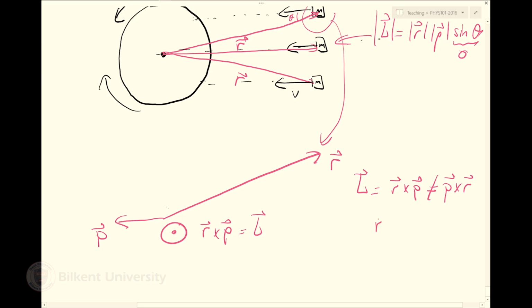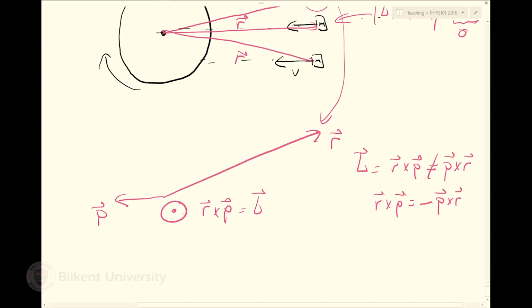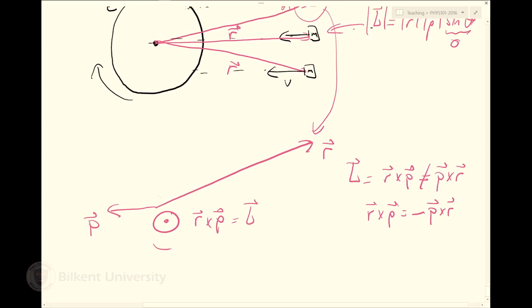It turns out R cross P is exactly minus P cross R. So it's anti-commutative. Which actually means if it's out of the screen, angular momentum means counterclockwise rotation. All right?